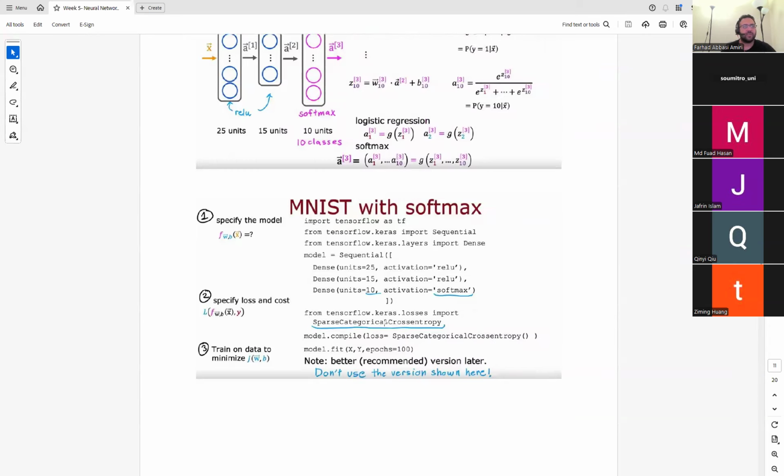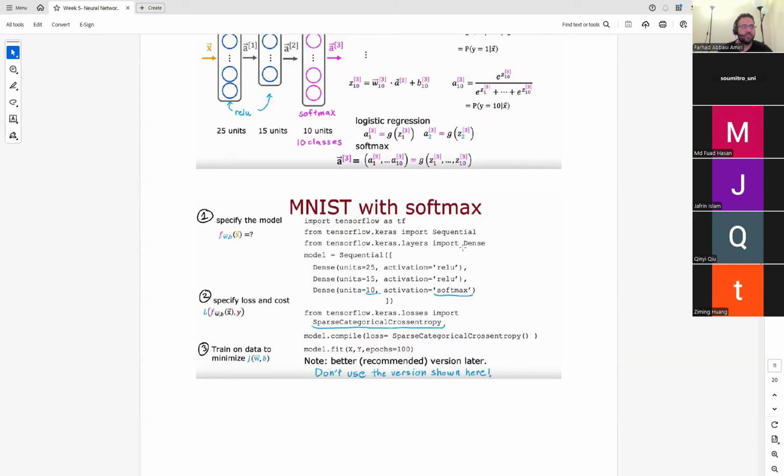And from tensorflow.keras, for the loss of this multi-class classification application, we import this loss function. It is called SparseCategoricalCrossentropy. And then you compile your model using this loss function for multi-class classification. And then you fit your model on the data with 100 iterations of gradient descent.